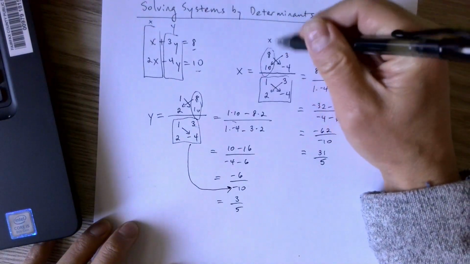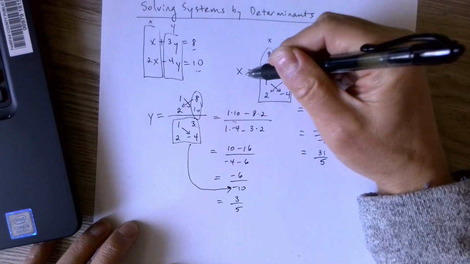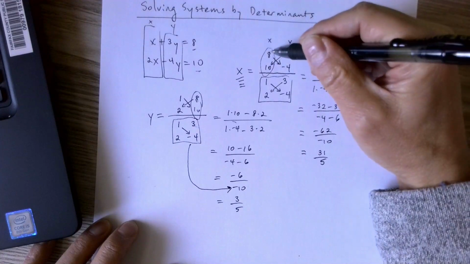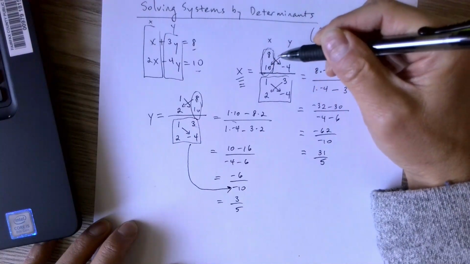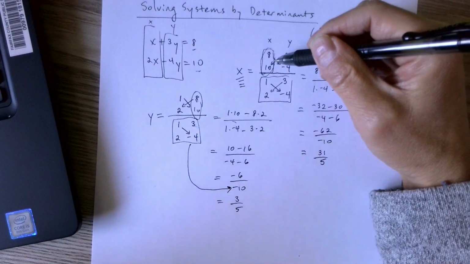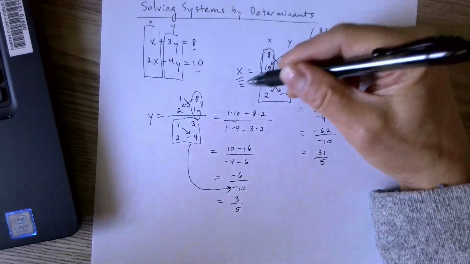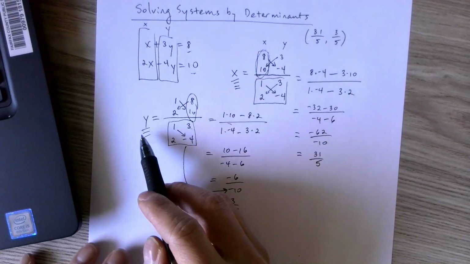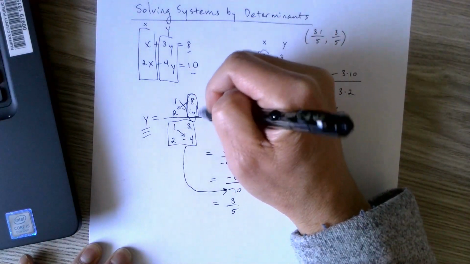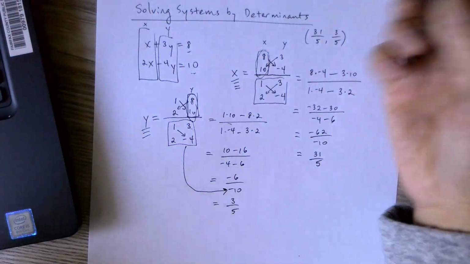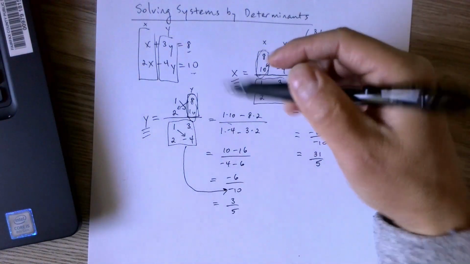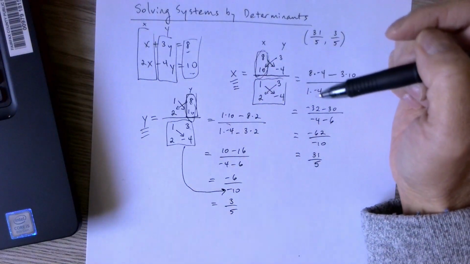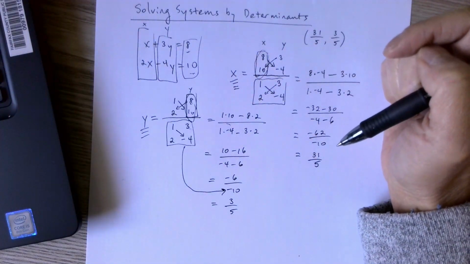So in the x column, when I'm solving for x, that is where I put the 8 and the 10 in the numerator, in the x column, when I'm solving for x. Conversely, when I'm solving for y, I put the 8 and the 10 in the y column. So that's how I remember it. When you're solving for x, put these two numbers in the column of that variable that you're currently solving for.